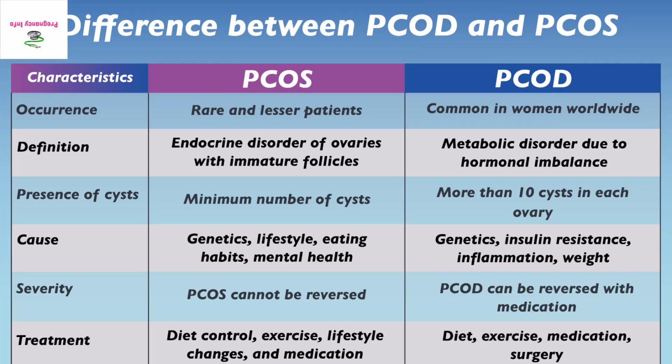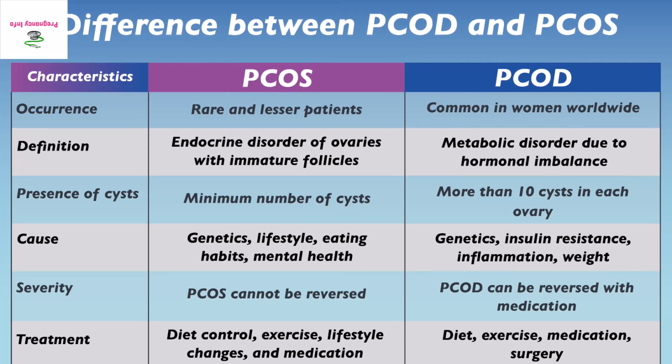Number 1. Occurrence. PCOS is rare and lesser in patients, common in women worldwide. It's about PCOD. A definition: PCOS, endocrine disorders of ovaries with mature follicles. In PCOD, metabolic disorder due to hormonal imbalance. Presence of cysts. In PCOS, minimum number of cysts.